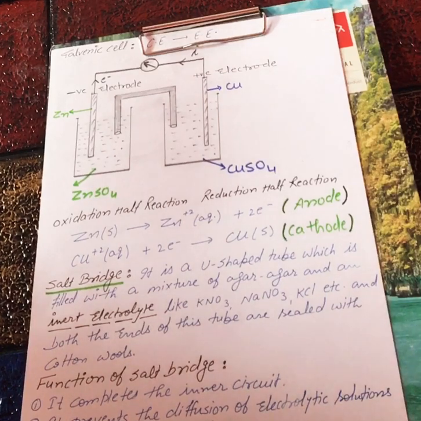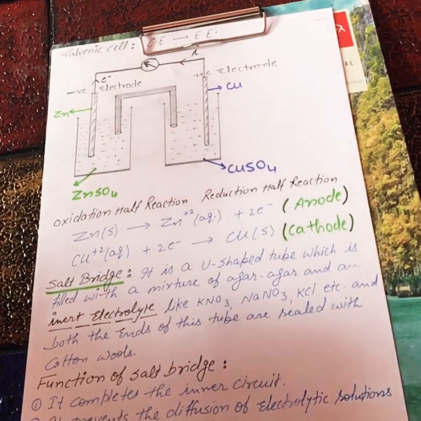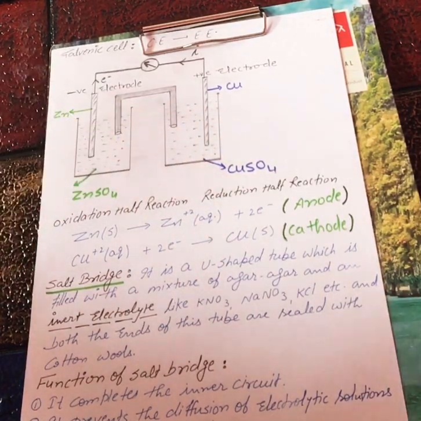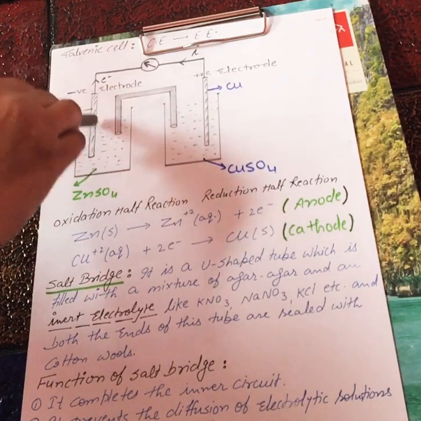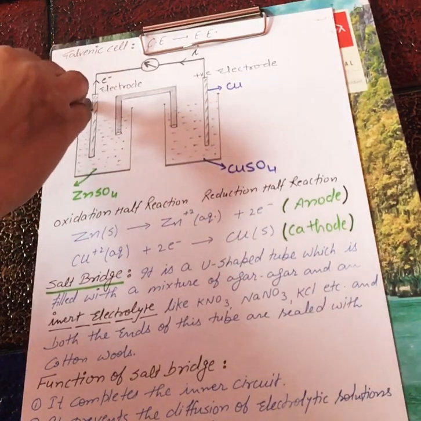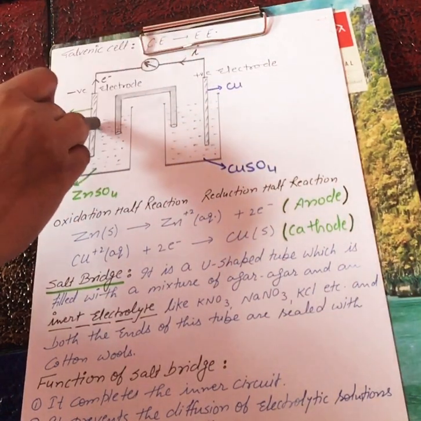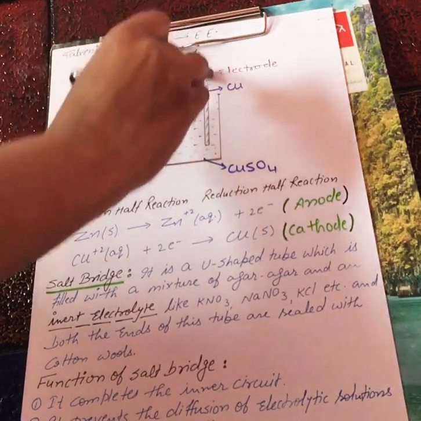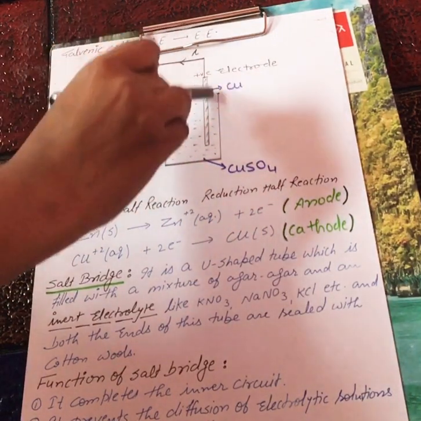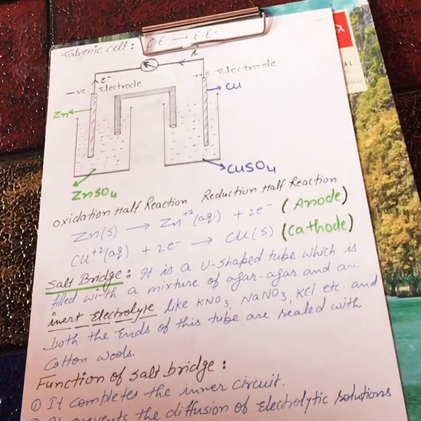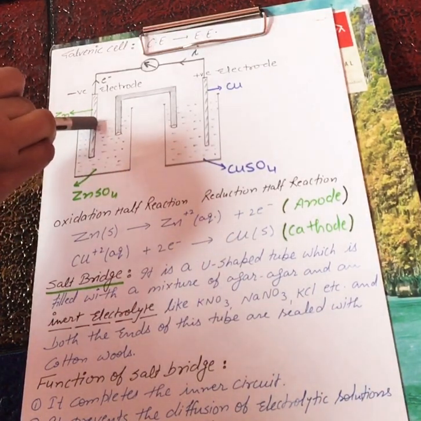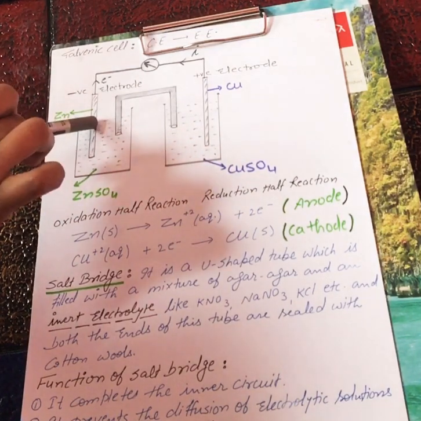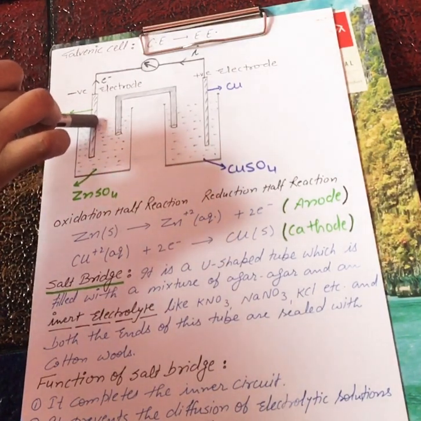The compounds being oxidized, that's why at the anode the compound will be oxidized, leave their electrons, and those electrons will move from the zinc plate to the copper plate, by which electron density will be high on the zinc plate.